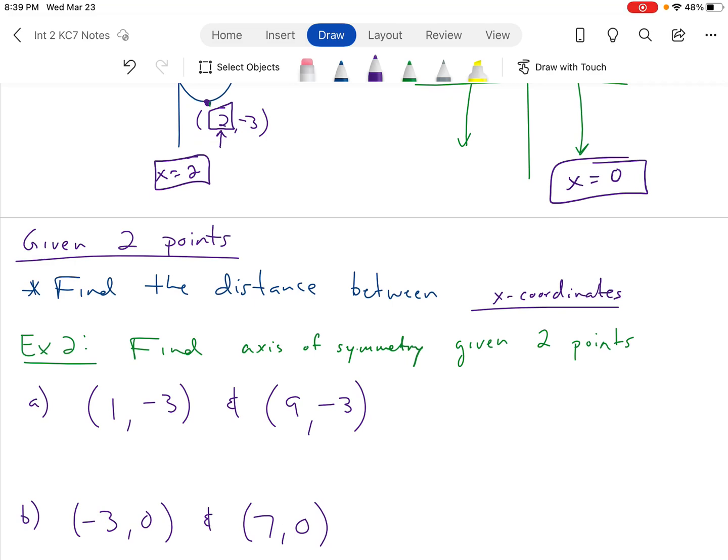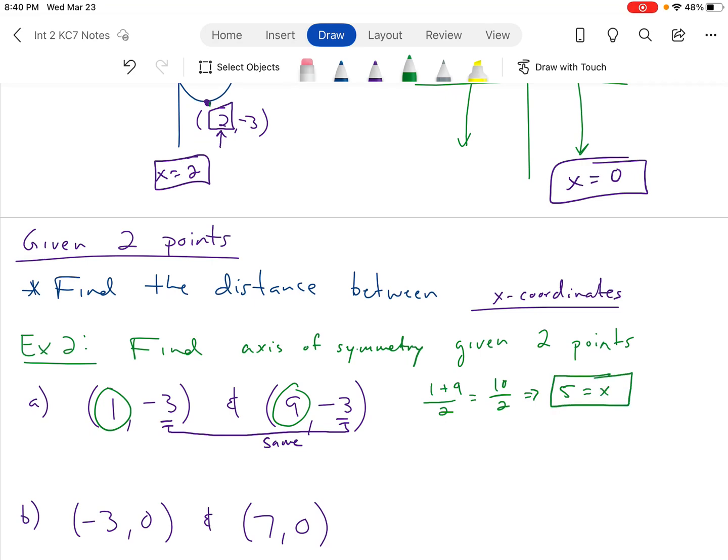Again, you want your y-coordinates to be the same, which means these x-coordinates can be added and divided by 2. So 1 plus 9 divided by 2, which is 10 divided by 2, which is just 5. So my x-coordinate is equal to 5, which is my axis of symmetry.